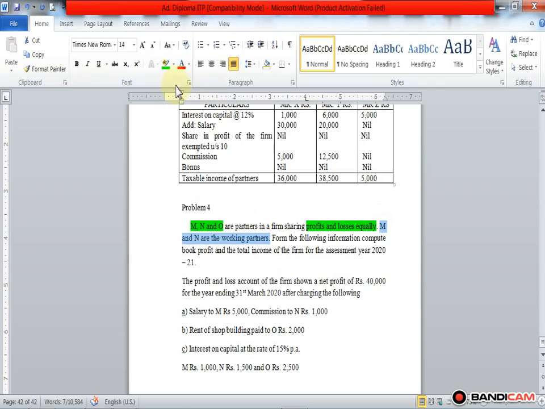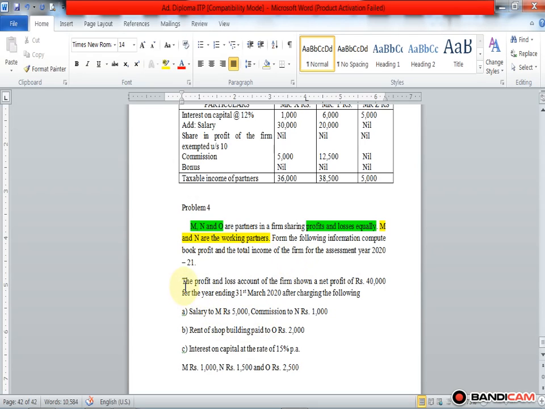The working partner is very important in computing the remuneration of partners. With the help of the following information, compute book profit and total income of the firm.